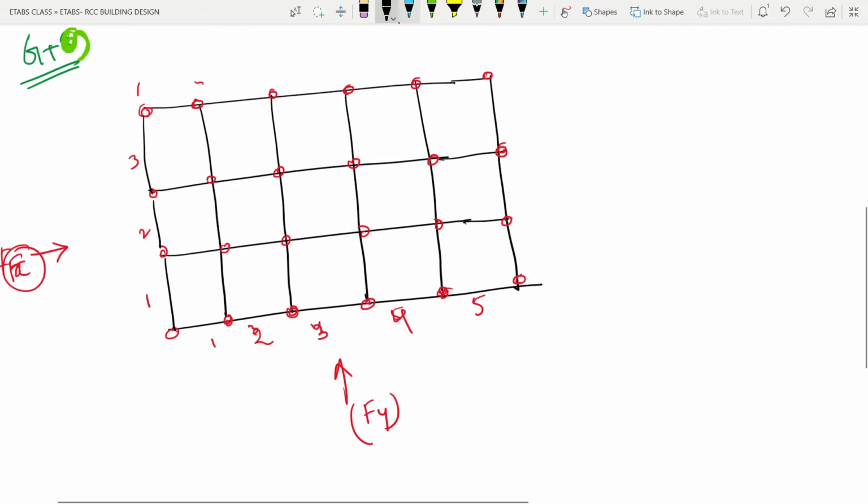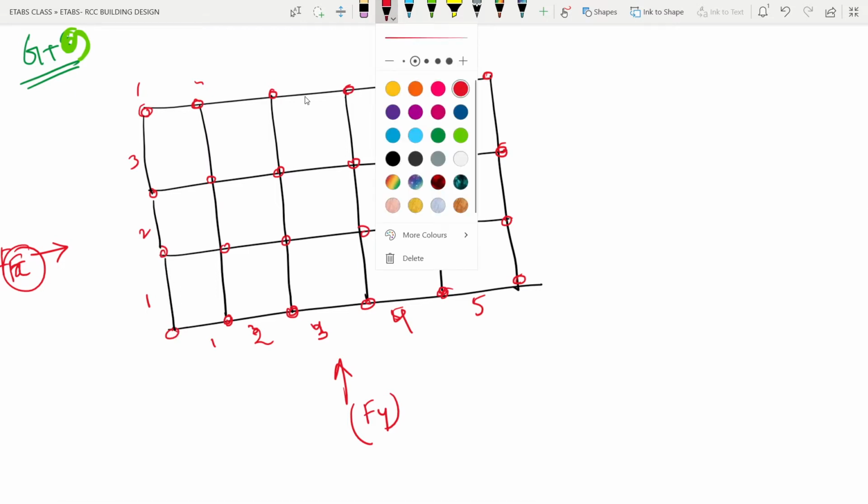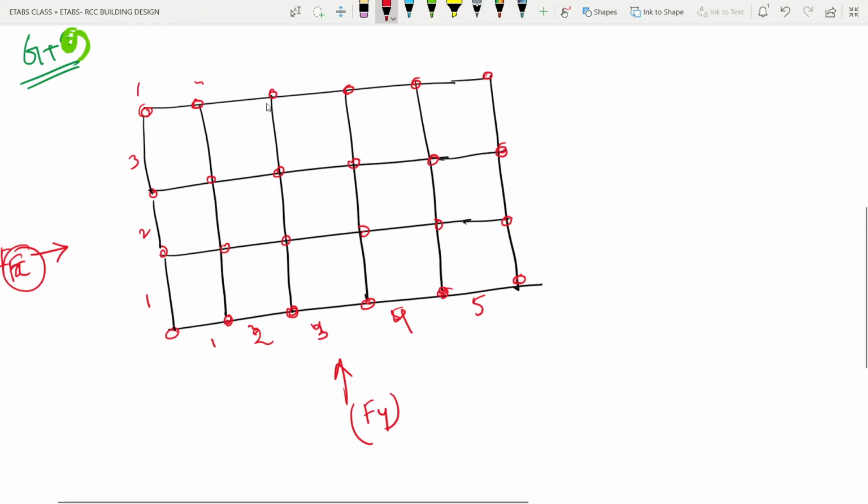Now here we need to introduce shear walls. So suppose I am giving shear walls here and here.